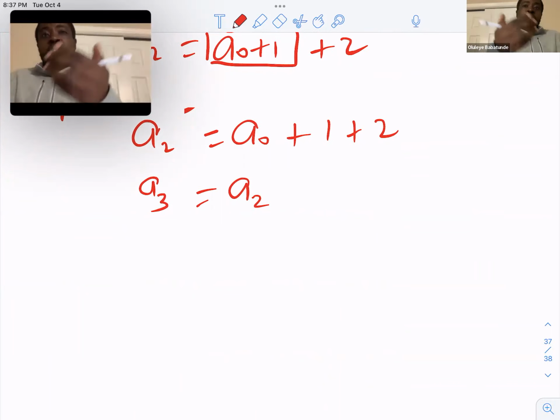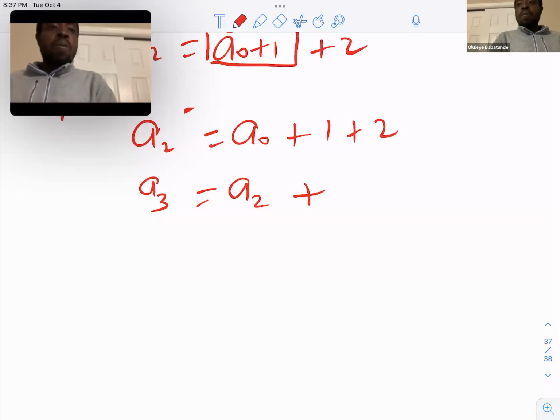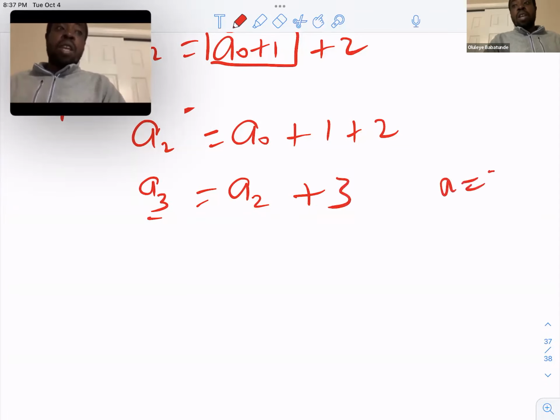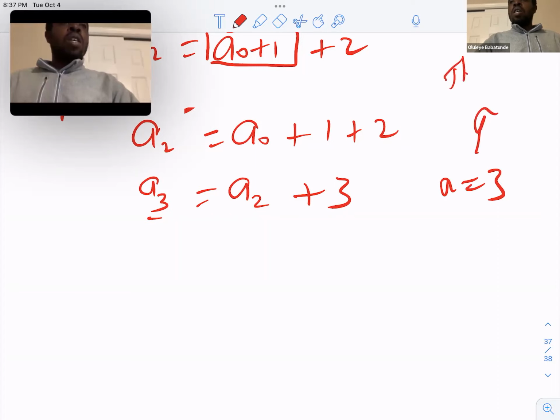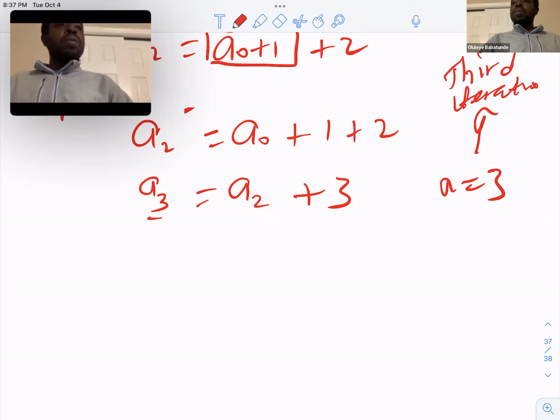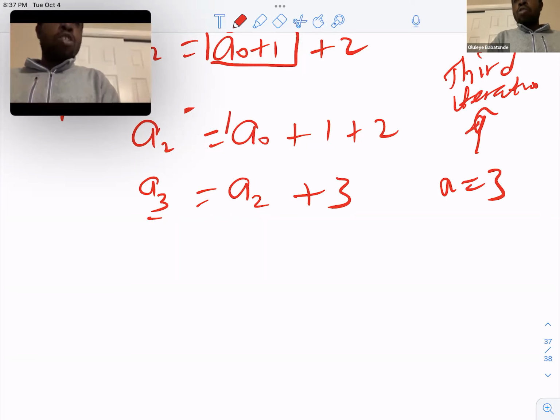So a_3 is going to be a_2 plus 3, because we are looking at n to be 3. That's the third iteration. Okay, so now we can replace this with our a_2.